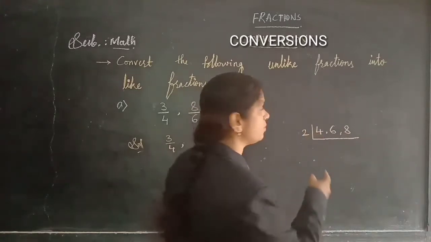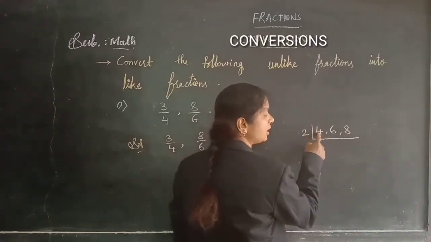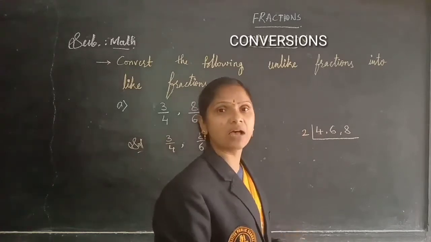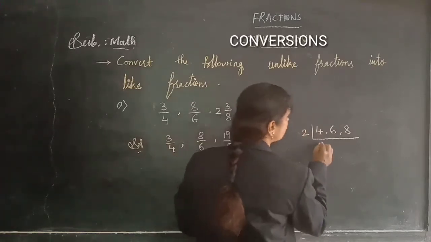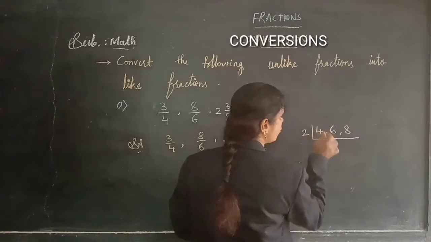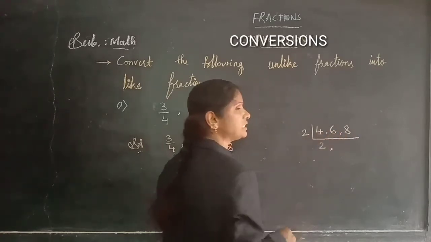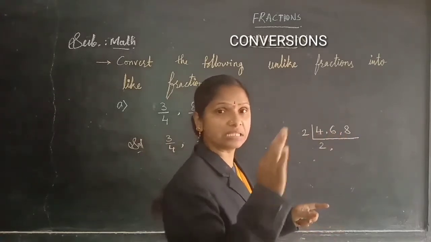Now, 4 in the 2 table: 2 2s are 4. And 6 in the 2 table: 2 3s are 6.